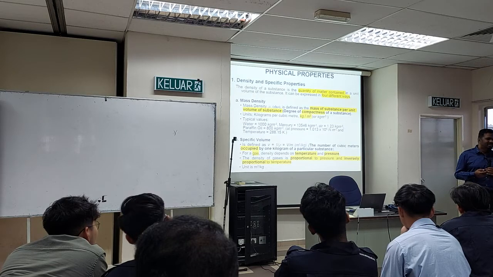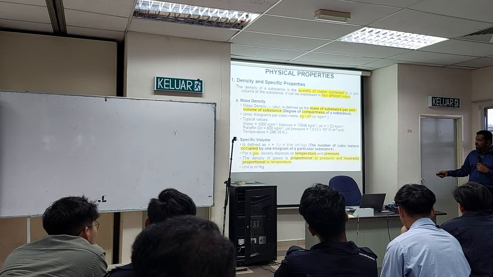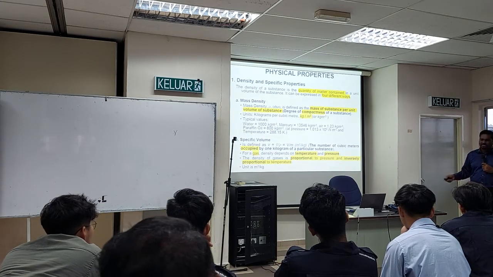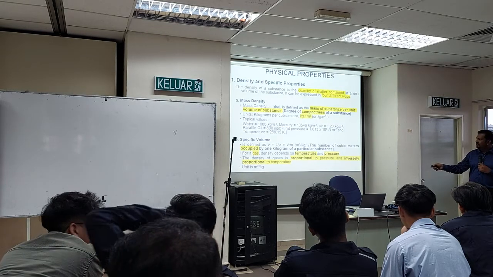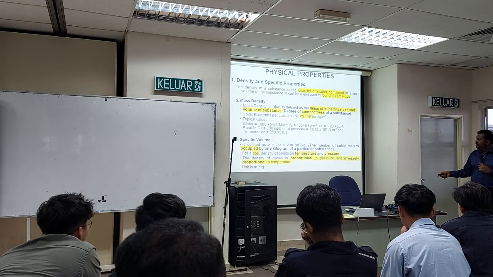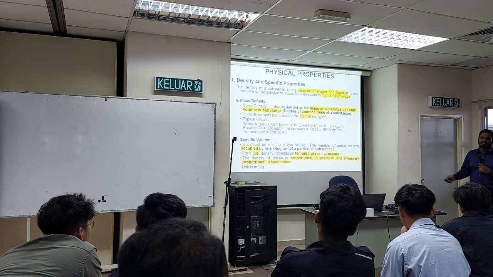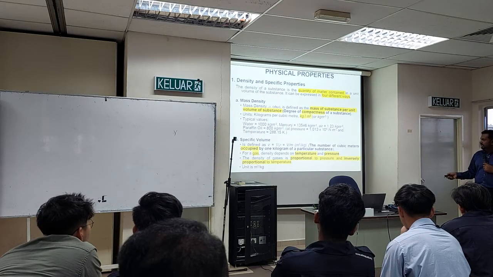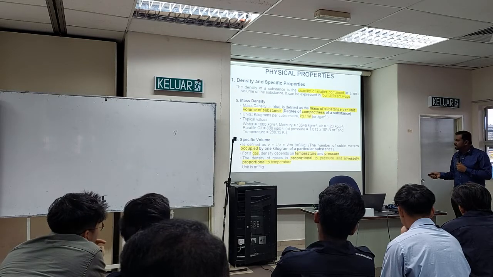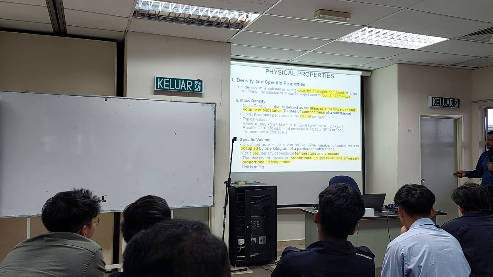That would be a mistake. This is actually easy to remember because it's the inverse of mass density: 1 per rho. This one is rho, this one is 1 per rho. So the unit, this one is kilogram per meter cube, this one is meter cube per kilogram. Reversed.